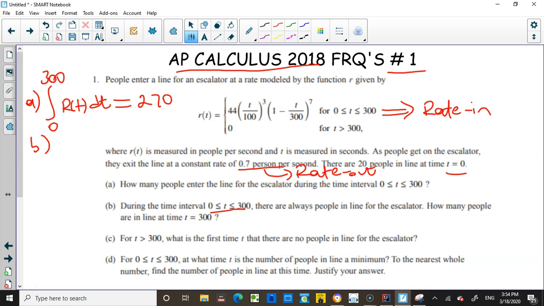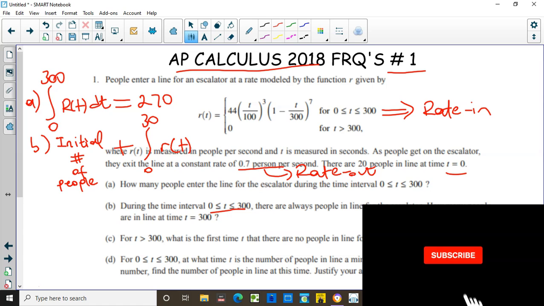In order to calculate that, I set up the initial number of people, 20, plus the definite integral from 0 to 300 of r of t minus 0.7 dt.